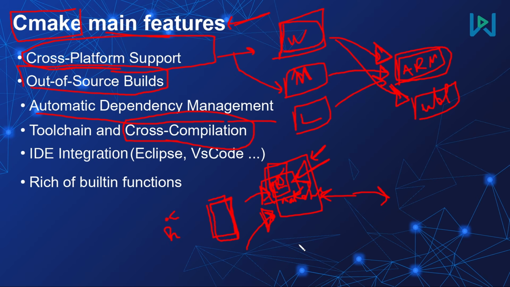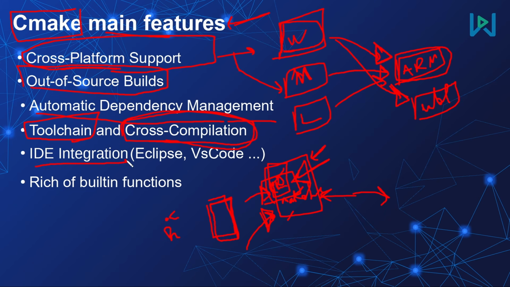CMake will take care of generating the different makefiles, writing the different makefile rules to compile our sources, as well as handling the dependencies between those rules. It does support different toolchain configurations and cross-compilation, as stated before.